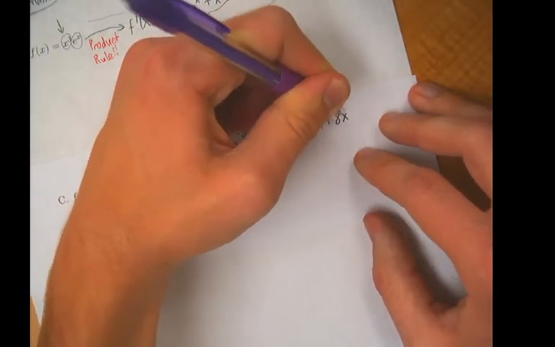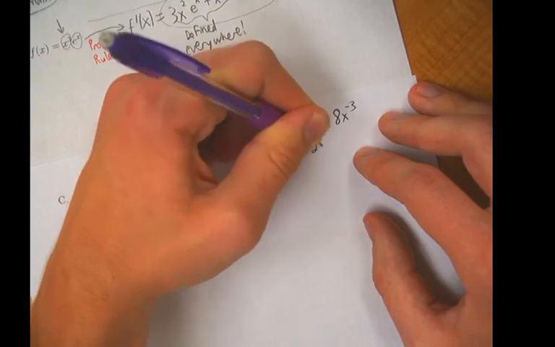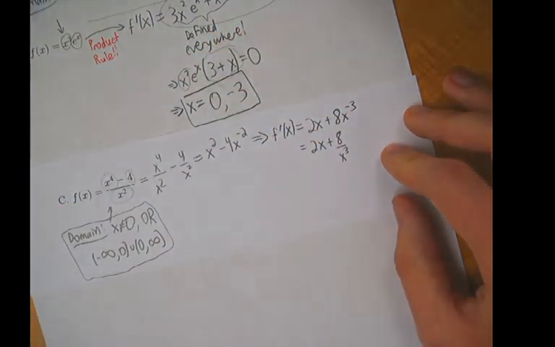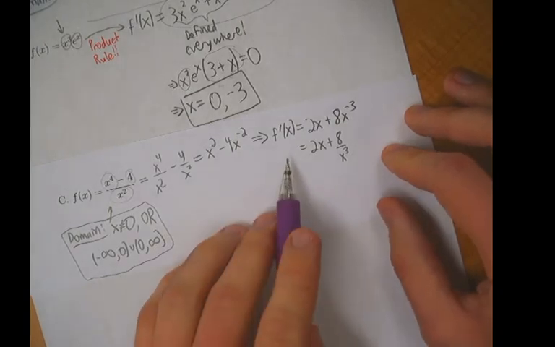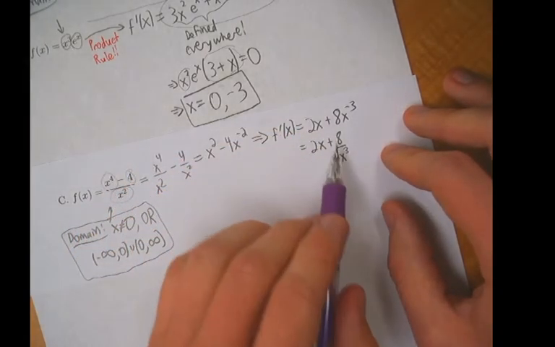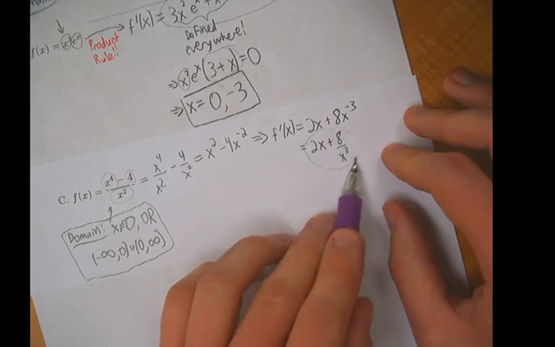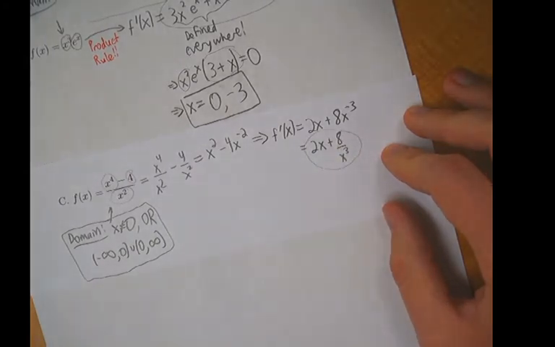Yep, 8x to the negative third. Or, if you prefer, 2x plus 8 over x cubed. Now, here's a catch with this. Like we said, we have to check whether there are any values of x at which this is undefined or does not exist.